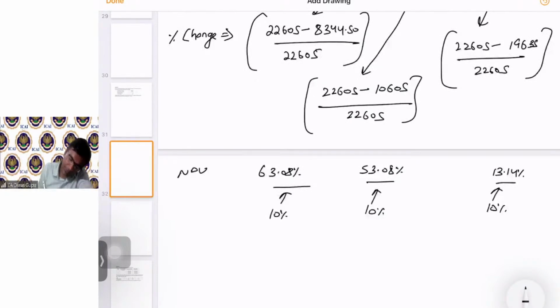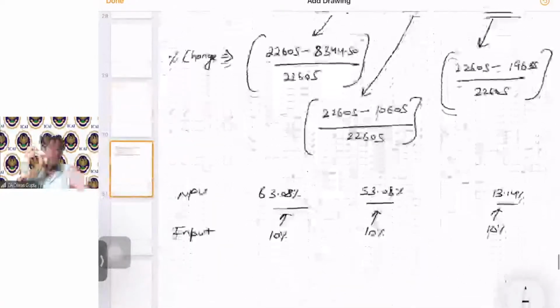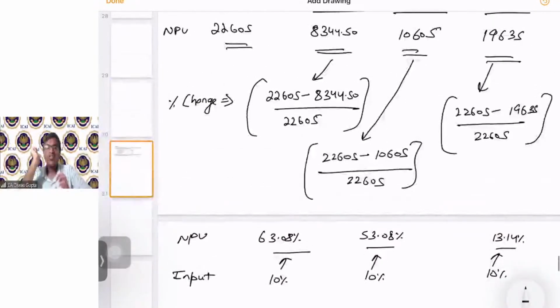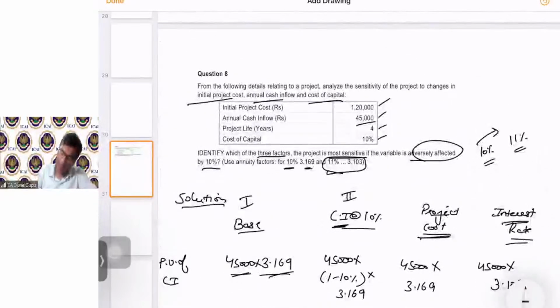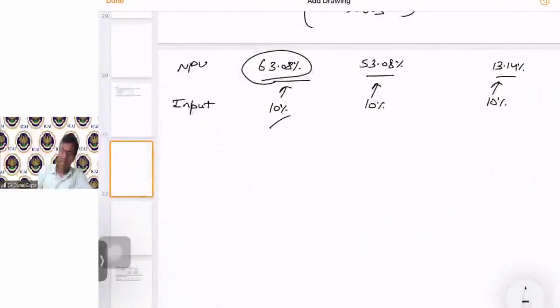This is NPV and this is input. Correct? So 10 percentage change in cash inflows is driving a NPV change of 63.08%. So don't you think the highest change is coming from cash flows? And hence the part of the question which asks for the most sensitive project, the most sensitive is cash inflows.